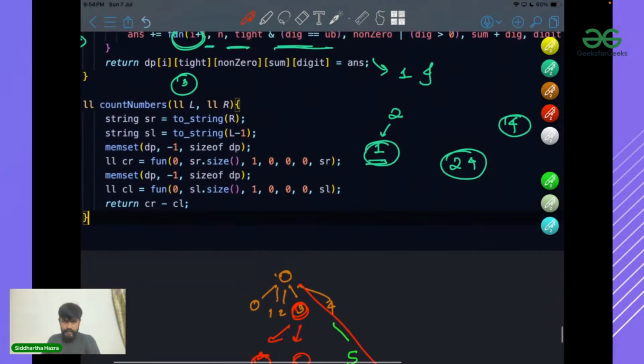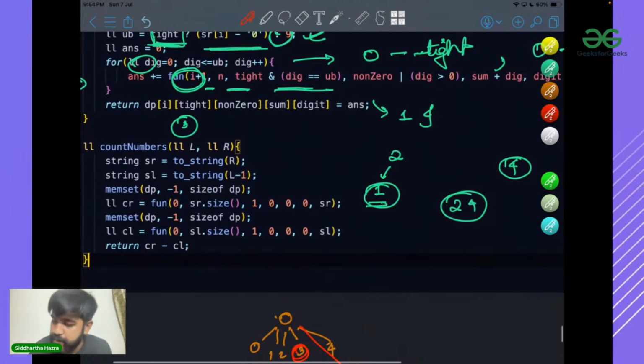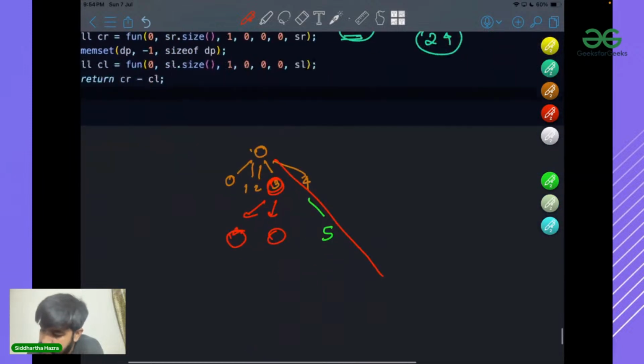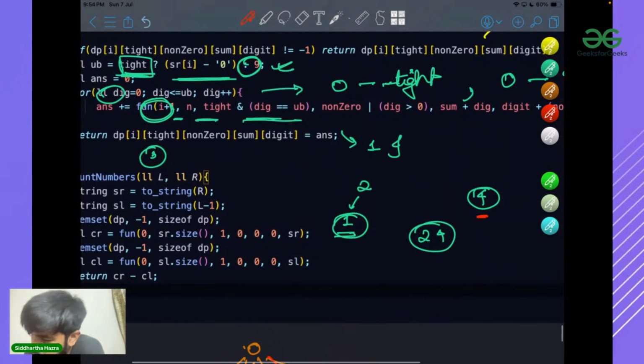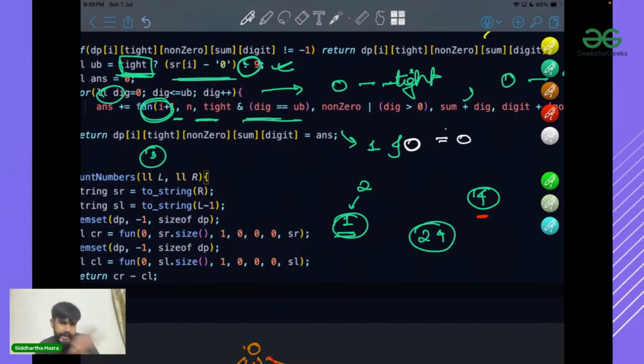So if the current digit I have appended is not equal to the value given, that is 4, if it is something less than 4, then I can go freely. So the value that would be passed on if I'm not using the full potential would be 0. It was tight earlier, but from here on it is not tight, because I used a lower value.